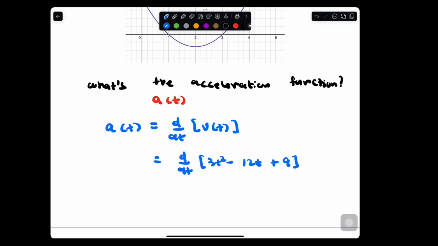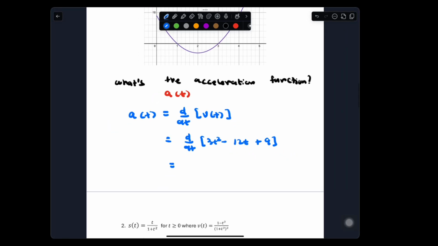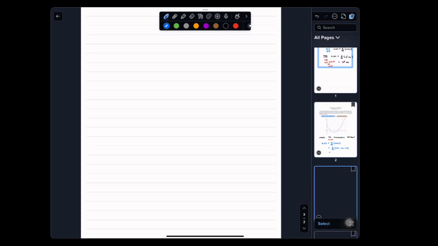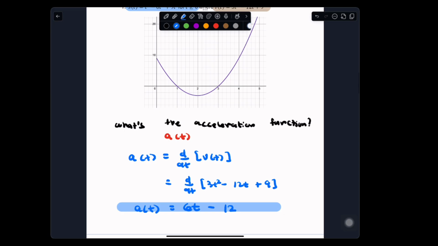We can actually differentiate and get the acceleration function. So what's this derivative? Isn't that going to be what? 6t minus 12? Double check. You guys have the acceleration function now too.